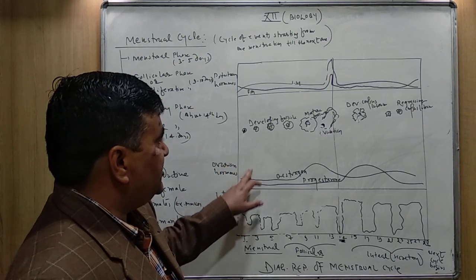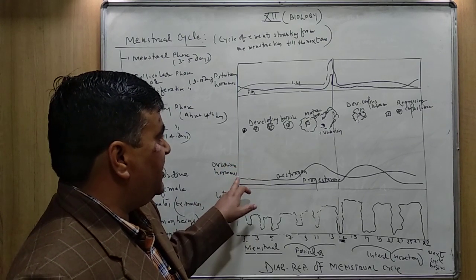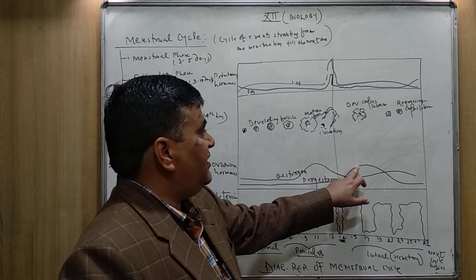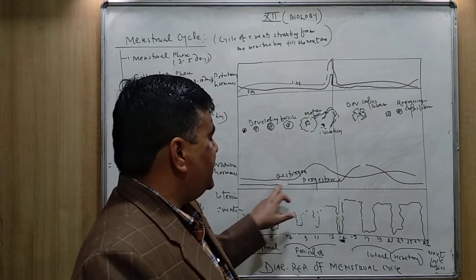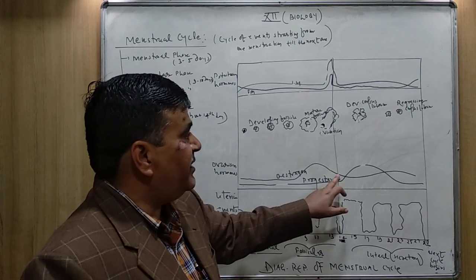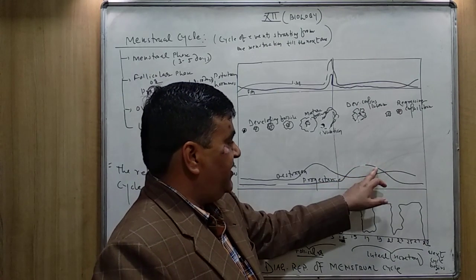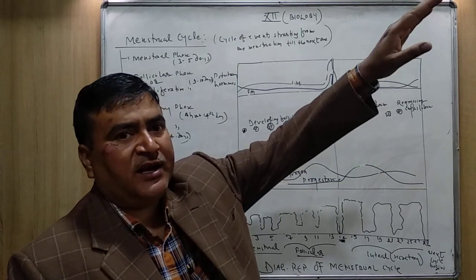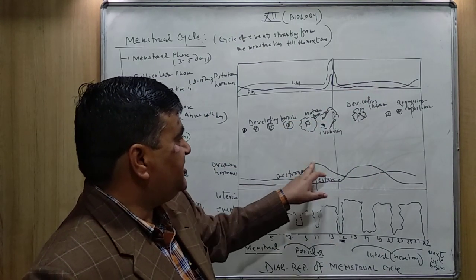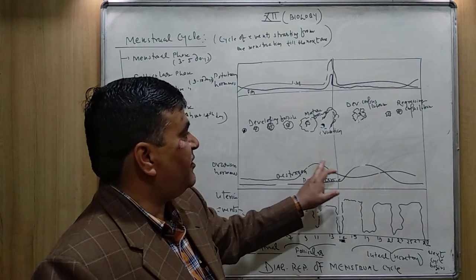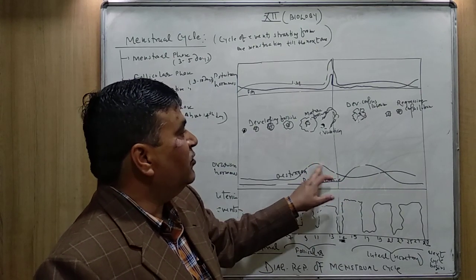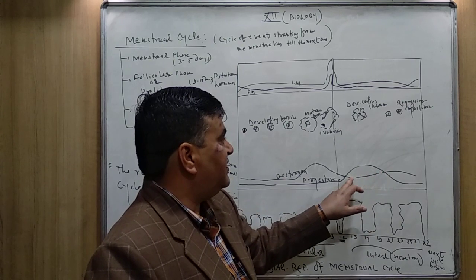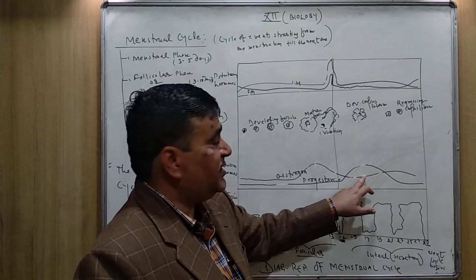These 2 ovarian hormones have been shown in this diagram, estrogen and progesterone. The progesterone level initially is very less, but in the secretory phase, in the luteal phase, the progesterone level becomes very high. Estrogen initially, before the luteal phase, is much more, but in the luteal phase, its concentration becomes low.